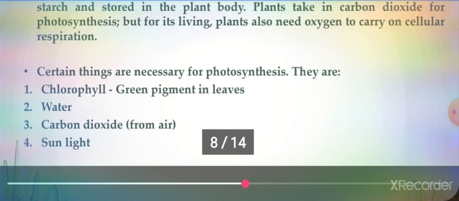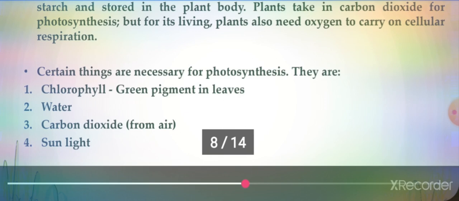The wavelength is in between 400 nanometer and 700 nanometer. It absorbs the light in the form of photons, energy packets. When you come to plus one, you'll be studying all that in detail.